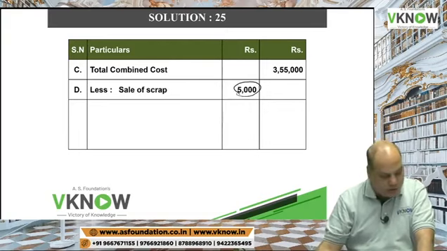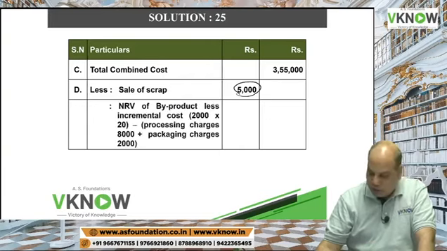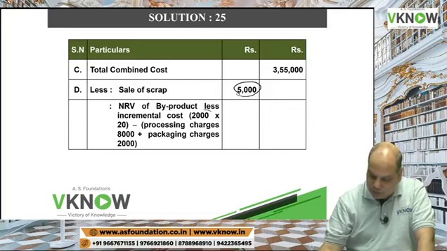I am changing the question slightly. Take a pencil and change the question. Less NRV of the byproduct. Change the quantity of byproduct, make it 2000, into 20.